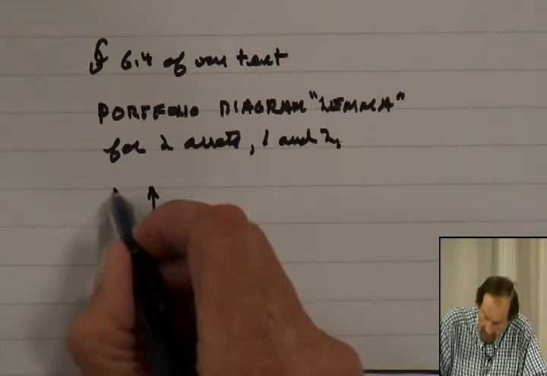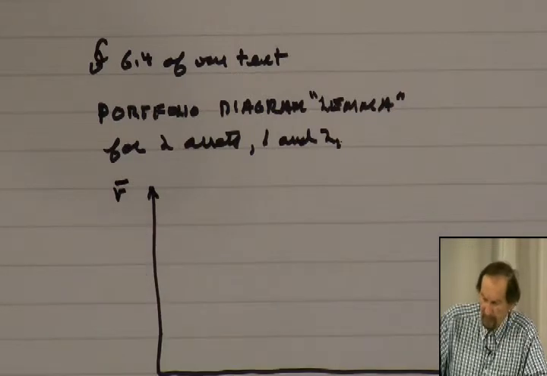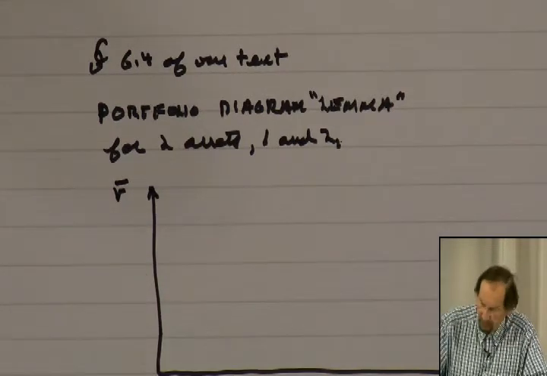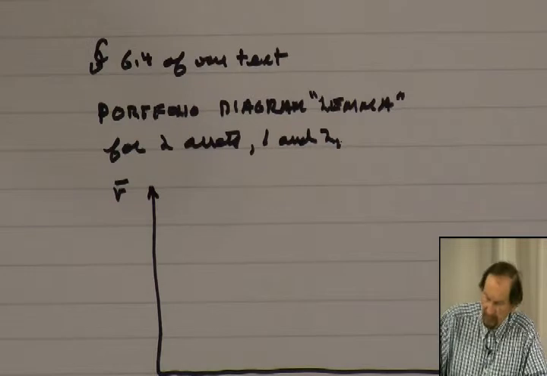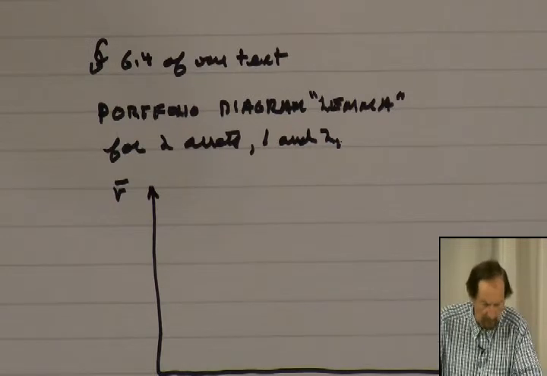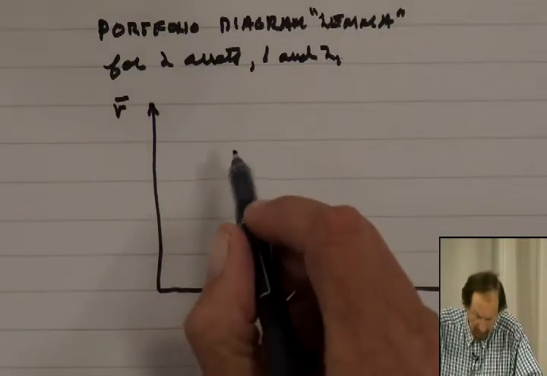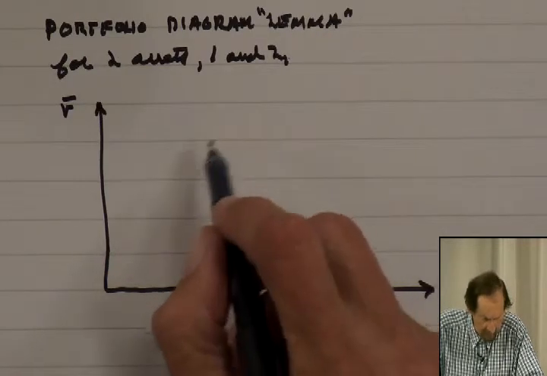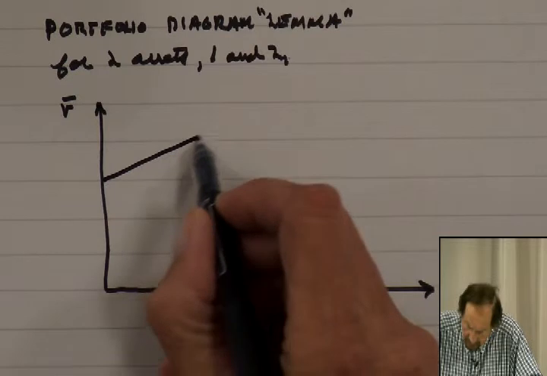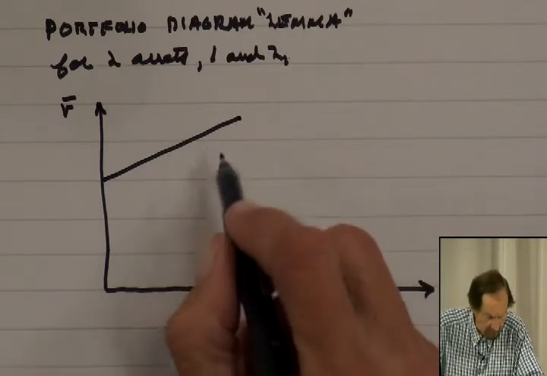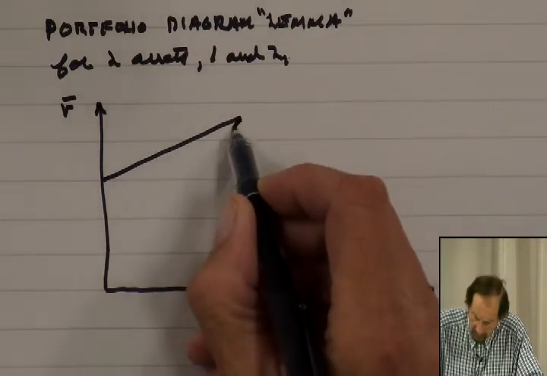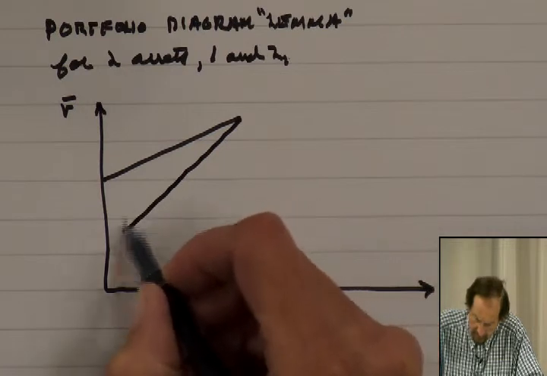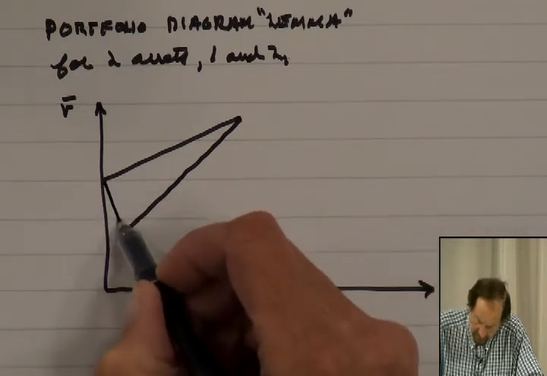We're going to plot R bar on the vertical axis, and we're going to plot sigma on the horizontal axis. This is like we usually do. Now what happens here is it goes the following. We have something like this. Then it goes down to something like this. Then it goes to something like this.